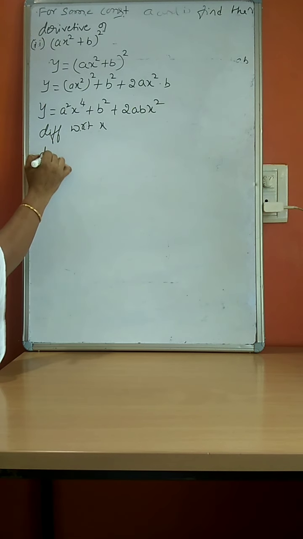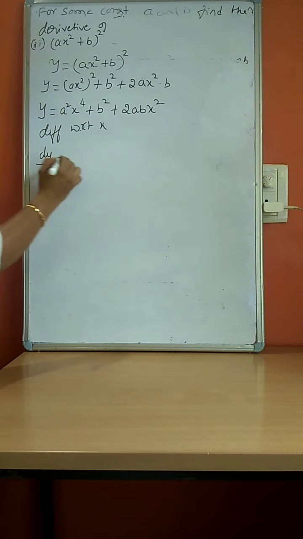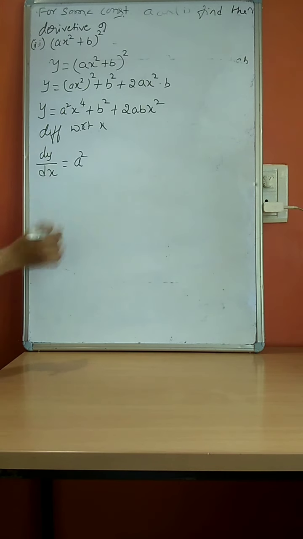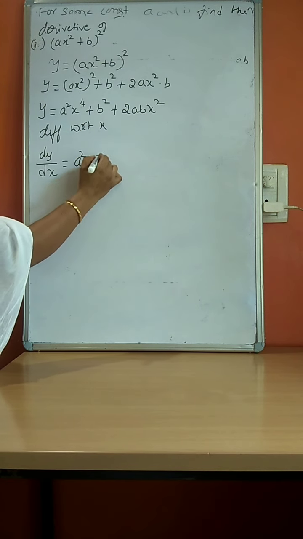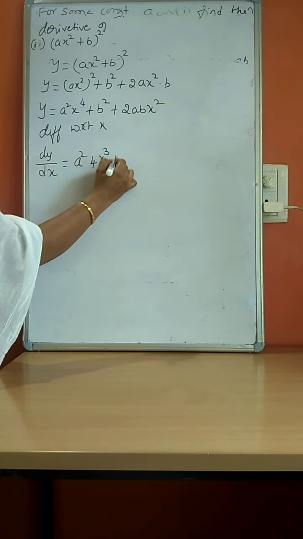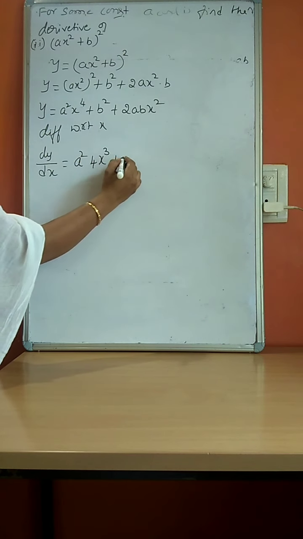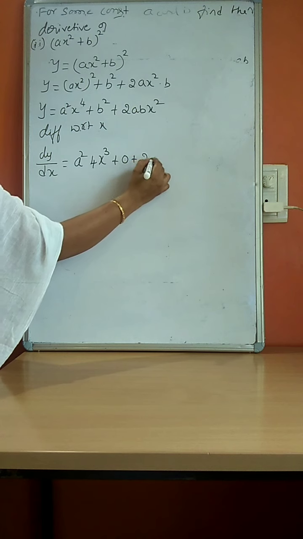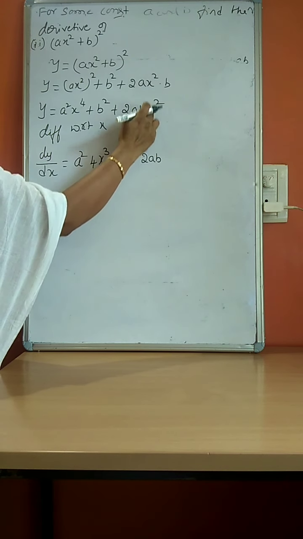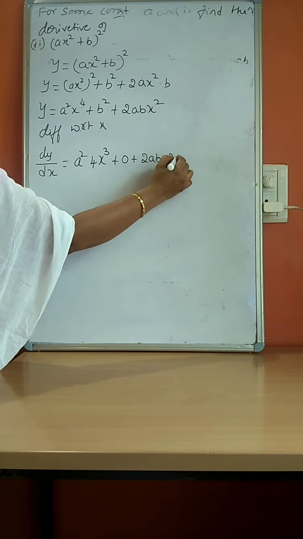Go for differentiation. How to write this? dy by dx is equal to constant, keep as it is, differentiation of x to the power of 4 is what? 4 into x cube, plus differentiation of a constant is 0, plus 2ab is the constant, differentiation of x square is what? 2x.